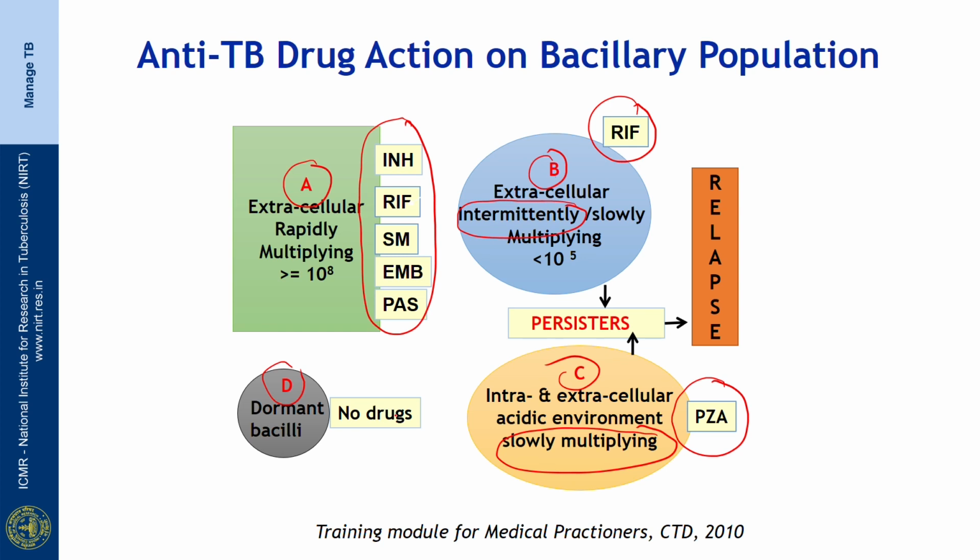Now let us go back to A, B and C. When you use a regimen containing INH, rifampicin and pyrazinamide, they attack all the 3 groups of organisms and you achieve a rapid bacterial kill. Now what happens is B and C may remain for some time and they are known as persisters, and you need drugs for longer duration in order to reduce relapses.